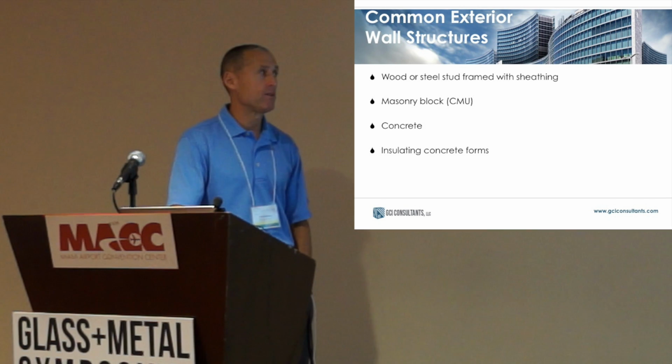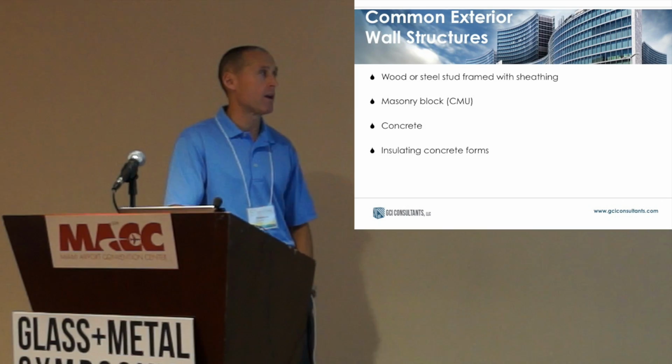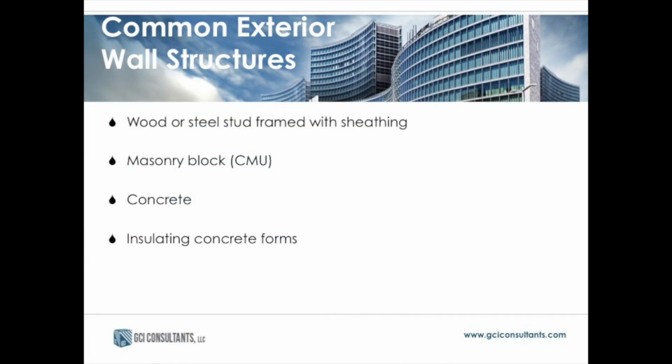Just kind of what kinds of wall construction we see. We do work all over the country with our base being here in Florida, but outside of South Florida, wood or steel stud frames. Down here, it's CMU, concrete walls, ICF walls. How do we clad them?